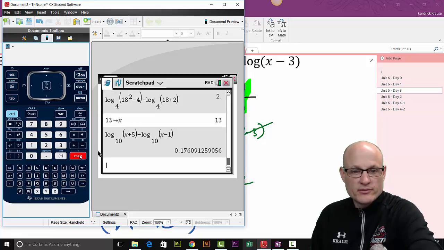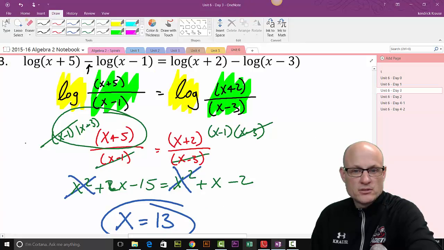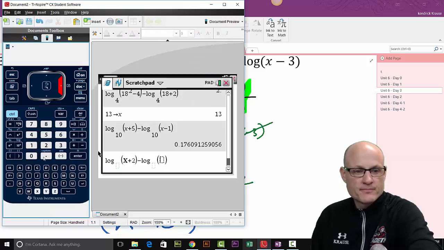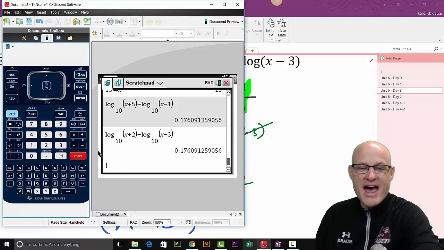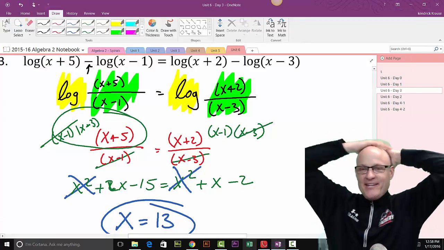I don't care what it is. And then I'm going to see it put the 10s in there for us. Control log, x plus 2. Minus, control log, x minus 3. Yes! It's so wonderful! Yay!